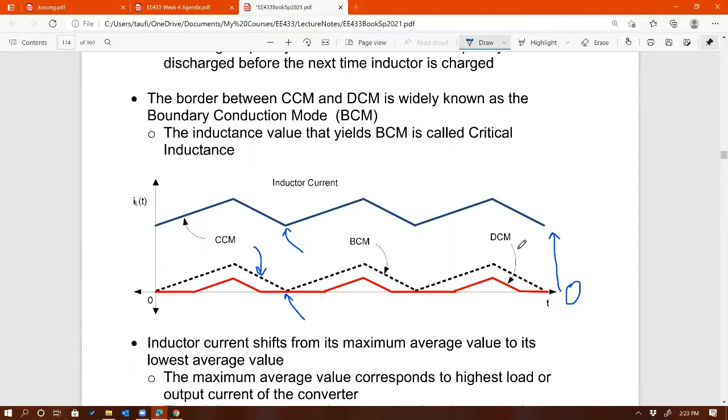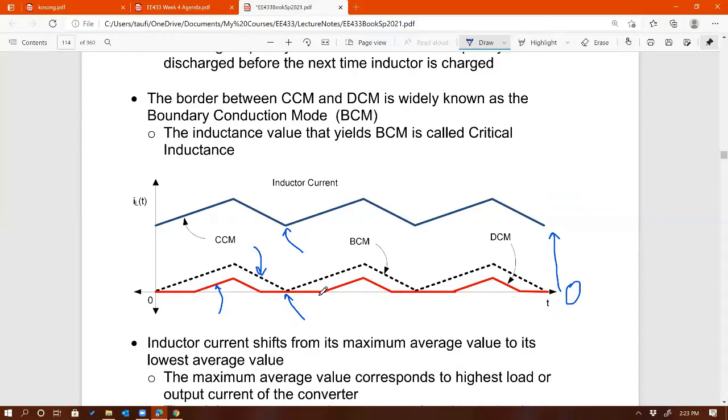Okay. And then if we lower the current even more, then what happens is that the inductor current now becomes discontinuous, just like this red one right here, where you have the 0 amp portion of the current. So 0 amp, and then charging, discharging, 0 amp again, charging, discharging again. So that's the difference, right?